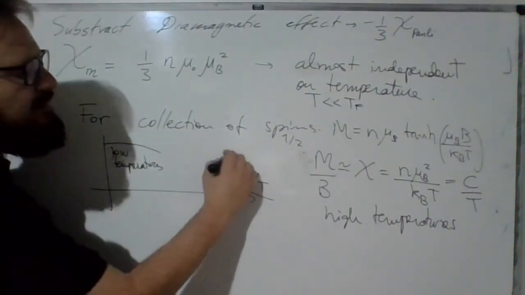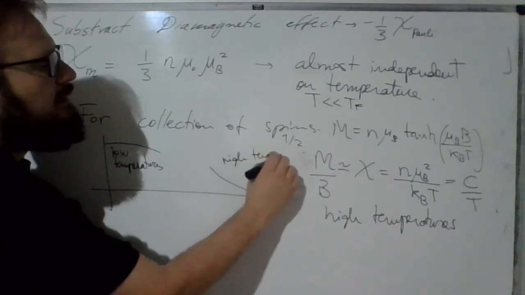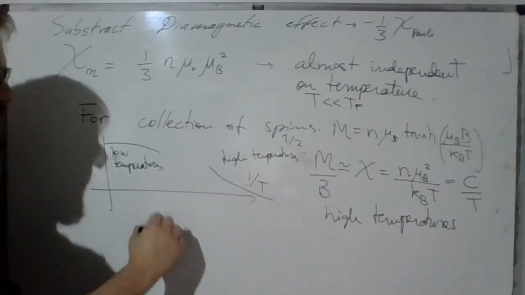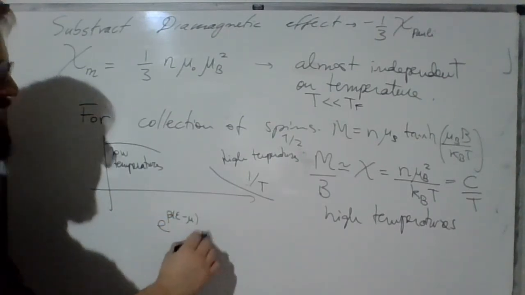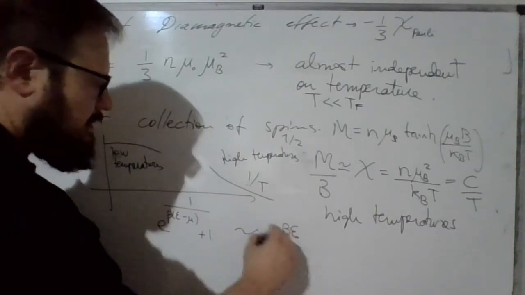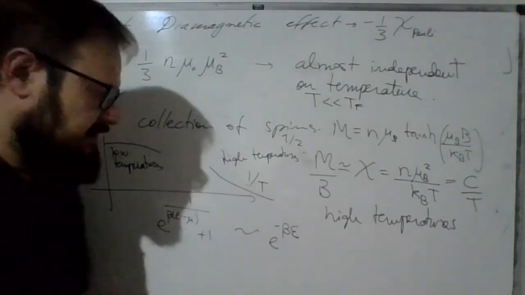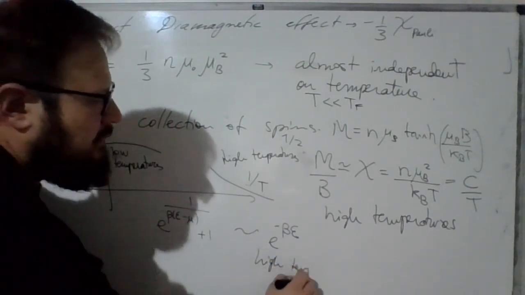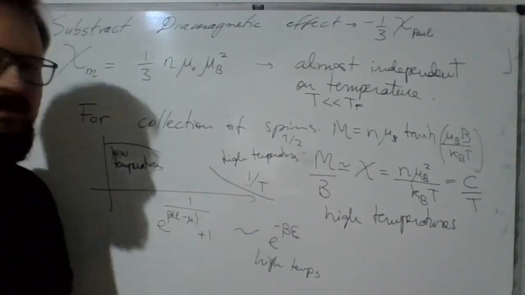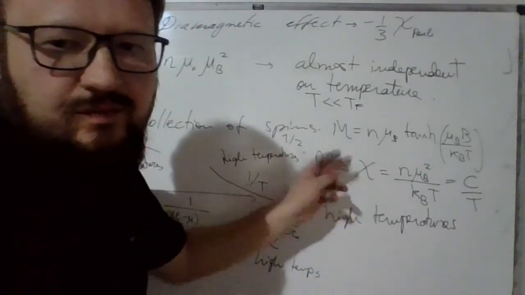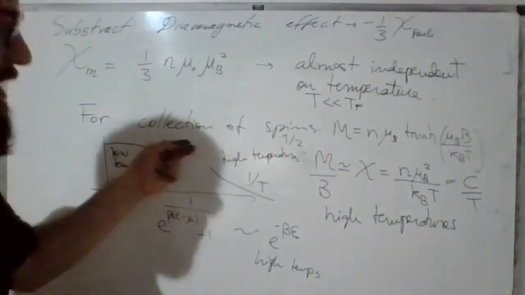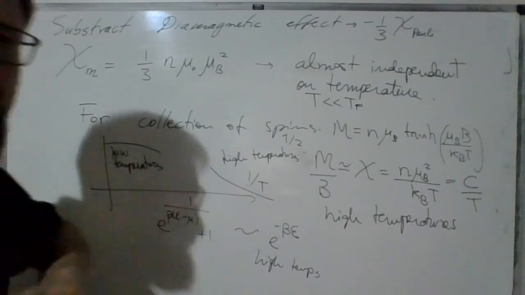But for very high temperatures, in the Pauli paramagnetism, you could replace the 1 over e to the beta (E minus mu) plus 1 factor by a factor of e to the minus beta times the energy, and in this case, at high temperatures, you would replace this function by something like this, and perhaps the results would coincide in form because it will have a temperature dependence of 1 over T, okay? So this is for the Pauli magnetism.